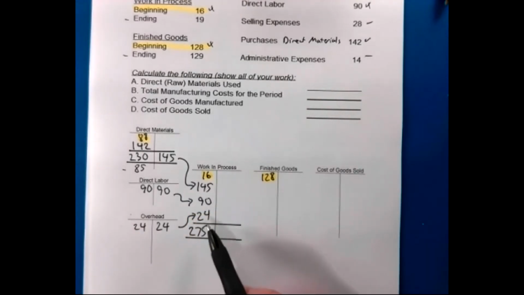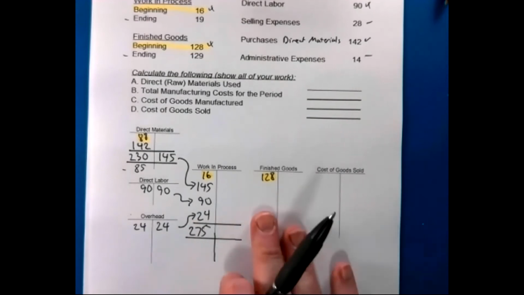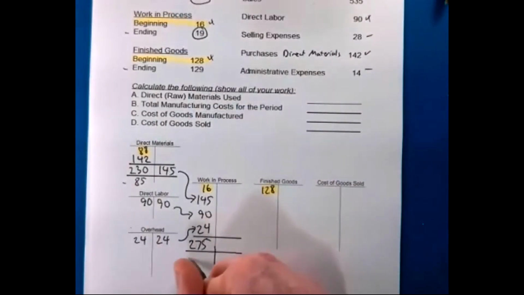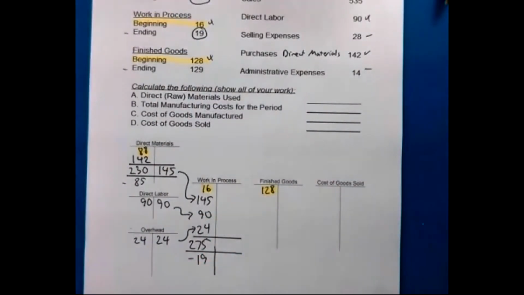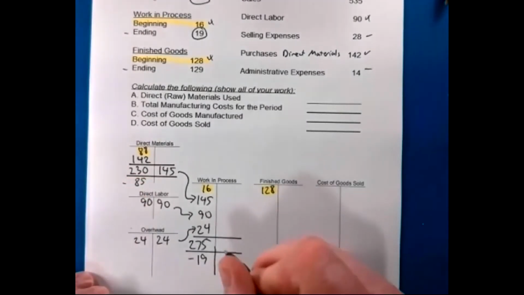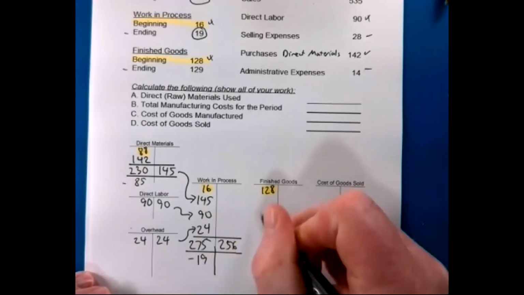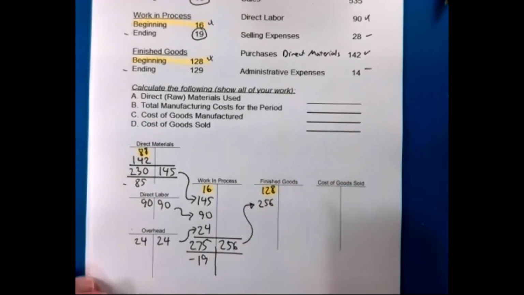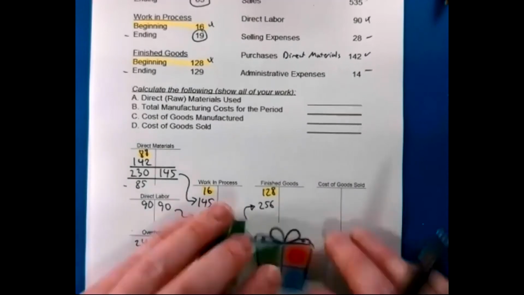So if we didn't finish anything, there's supposed to be 275 sitting in there. We asked someone to go out and count up what's left in work in process. They said there's 19. So we must have finished 256.